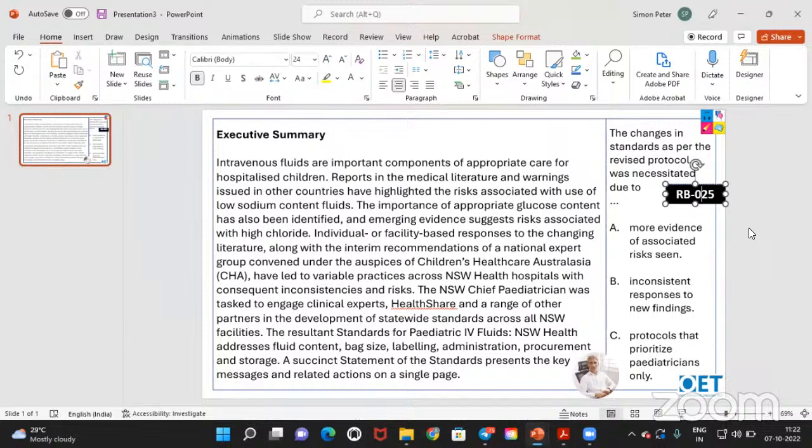So, let us consider this one as 601. 0601. Reading part B, 601. R means reading, B means part B, 601. Fine. So, this is question number 25.